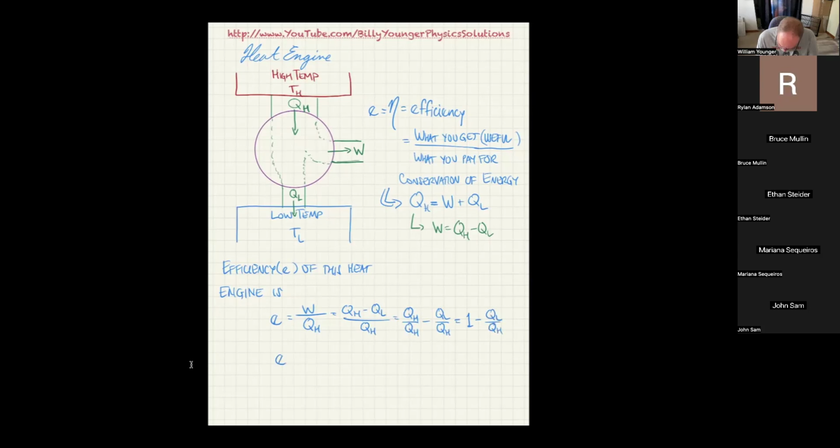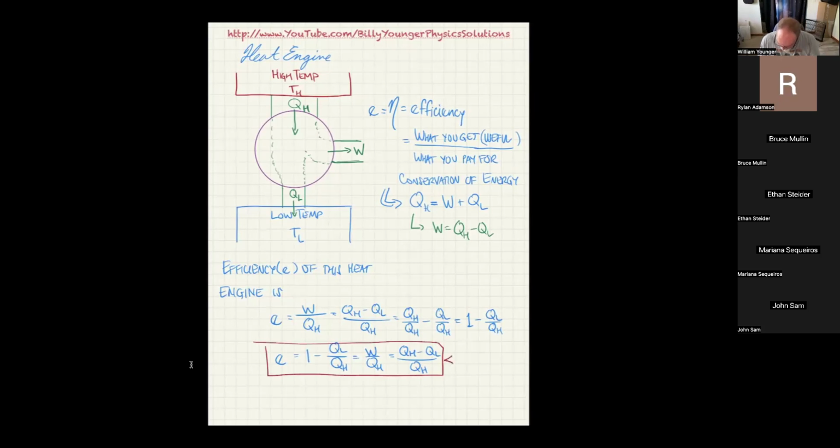So the efficiency of any heat engine is 1 minus QL over QH. It's also work divided by QH. And I think those are the most valuable forms, but one other one that might be valuable is QH minus QL over QH. So those are the most important forms of the efficiency for any heat engine.